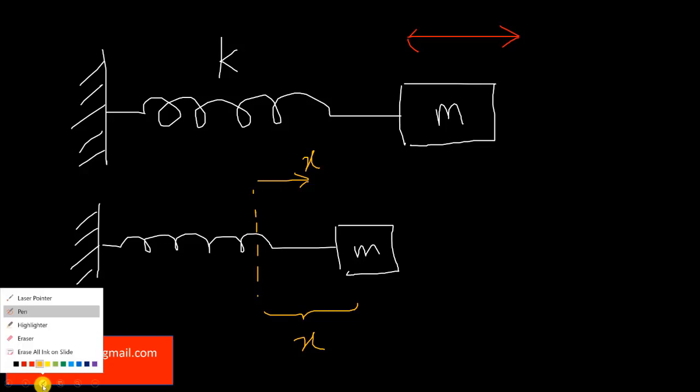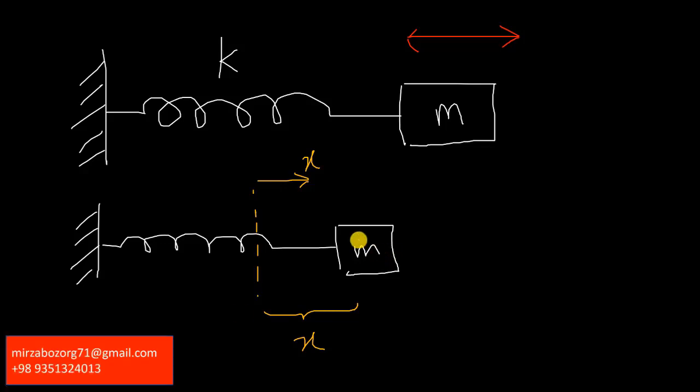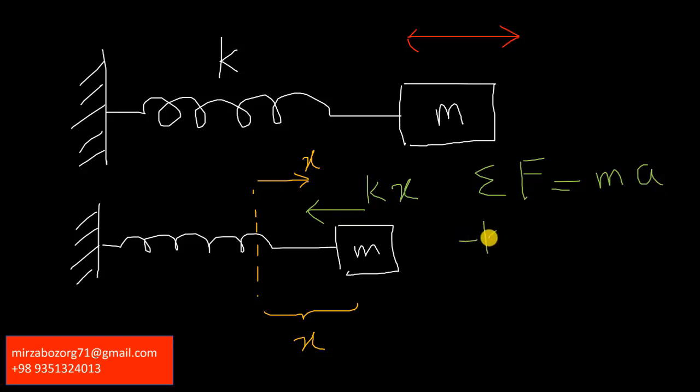The force applied to the mass from the spring is kx. So I write sigma f is equal to ma. Sigma f is minus kx, because it is in the negative direction, and it is equal to m x double dot.